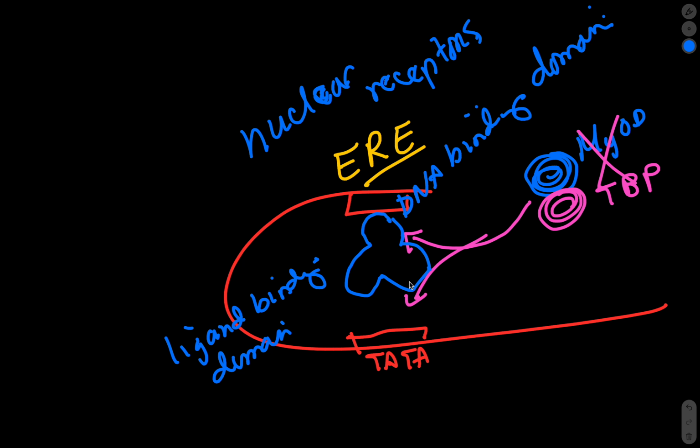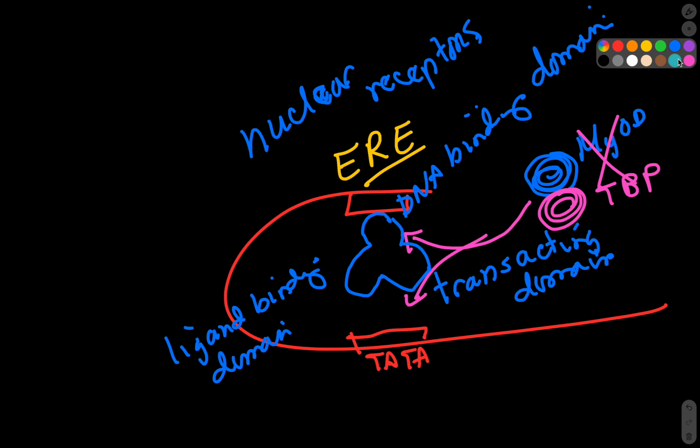And the third domain is called the trans-acting domain. And this is going to be the domain to which that enzyme binds. So this is going to be that histone acetylase enzyme.